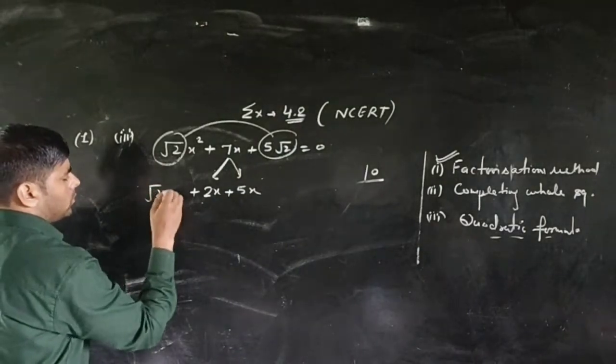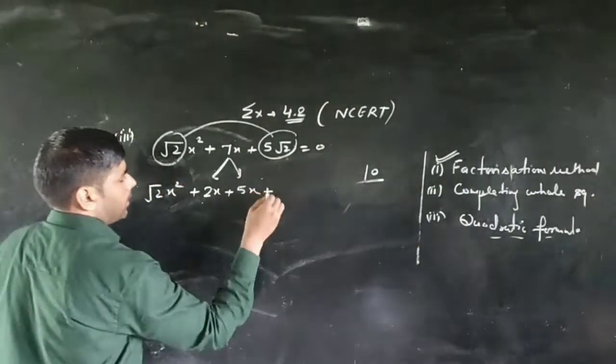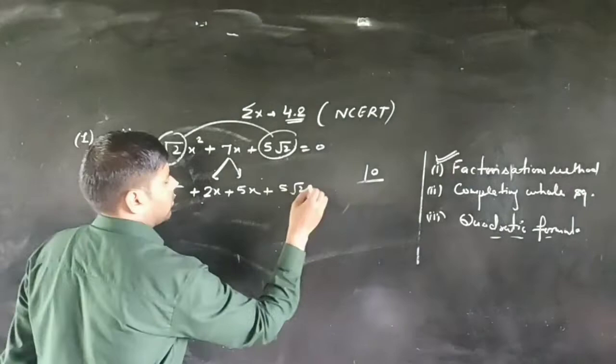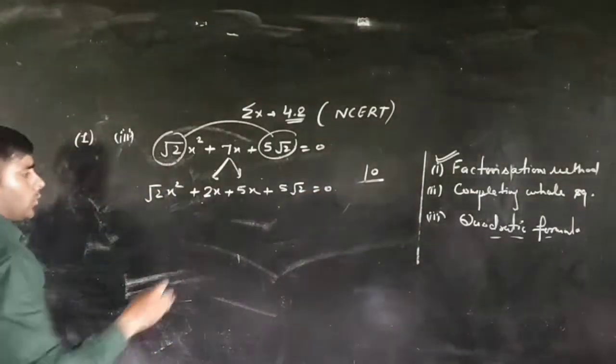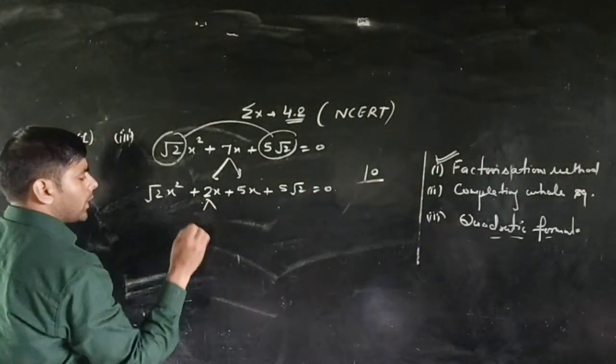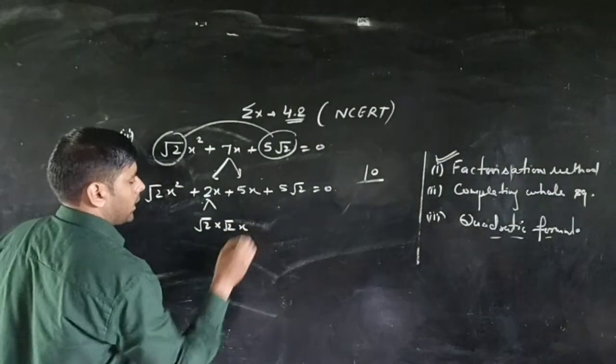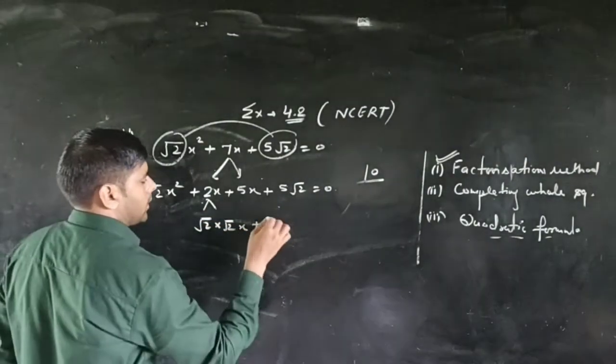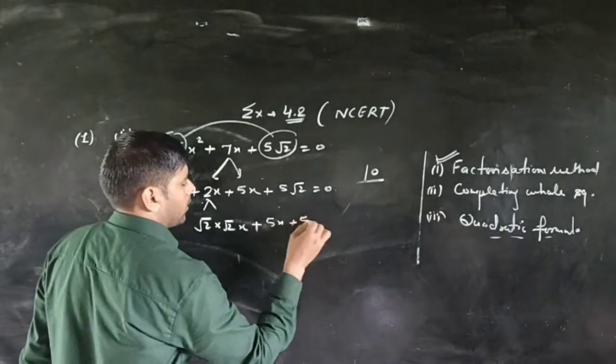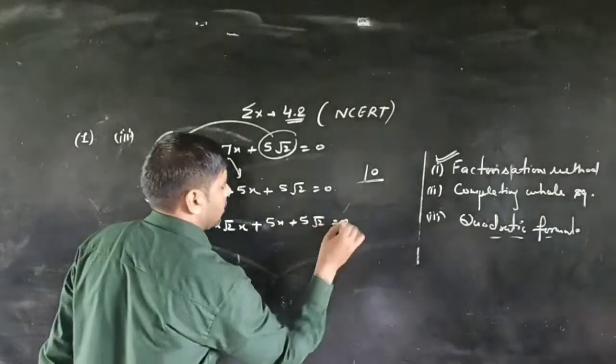Root 2x square plus 2x plus 5x plus 5 root 2 is equal to 0. You can write this 2 as root 2 into root 2, so root 2x square plus root 2 into root 2 x plus 5x plus 5 root 2 equal to 0.